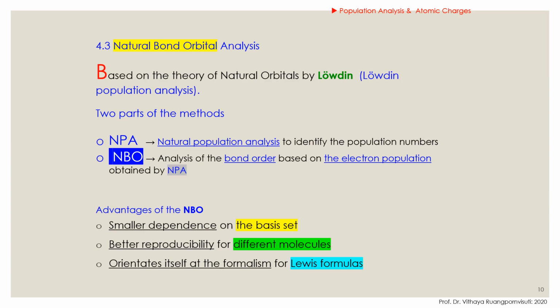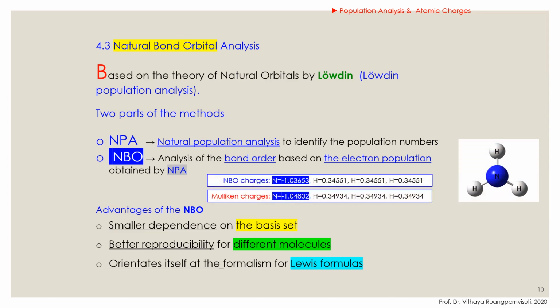The NBO charges compare with the molecular charges of nitrogen and hydrogen atoms of the ammonia molecule. They are slightly different. The advantages of the NBO are as follows.